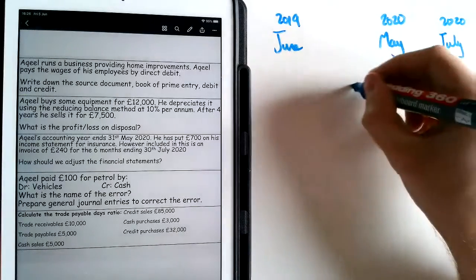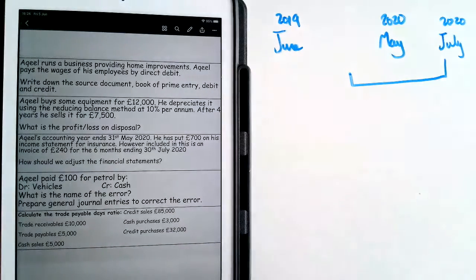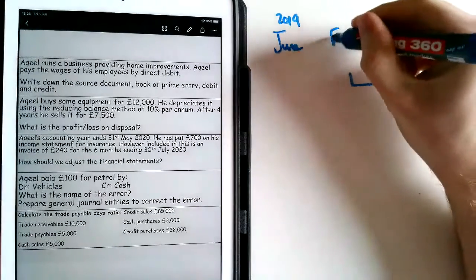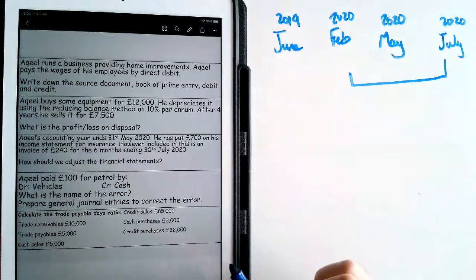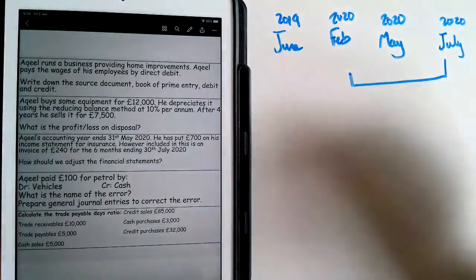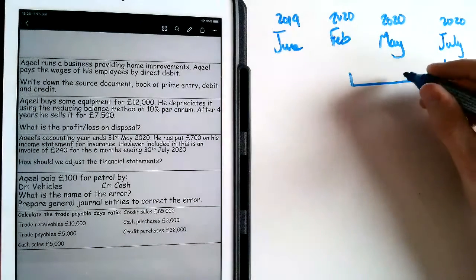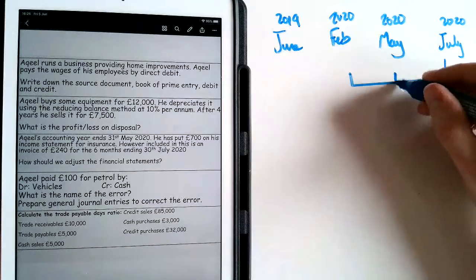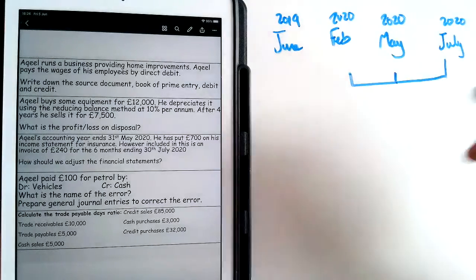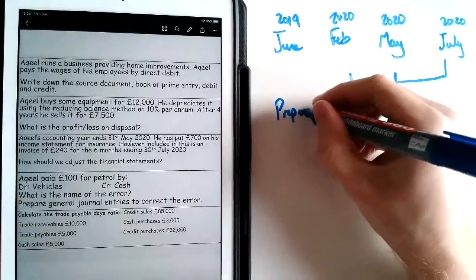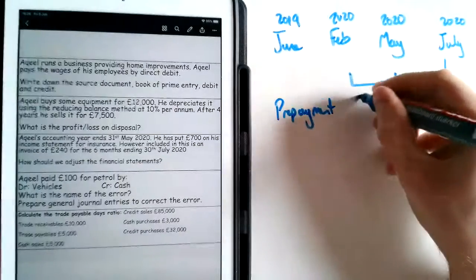So that begins 6 months earlier: July, June, May, April, March, February. So February 2020. So 2 months have been prepaid, June and July. So it's a prepayment of 2 months.